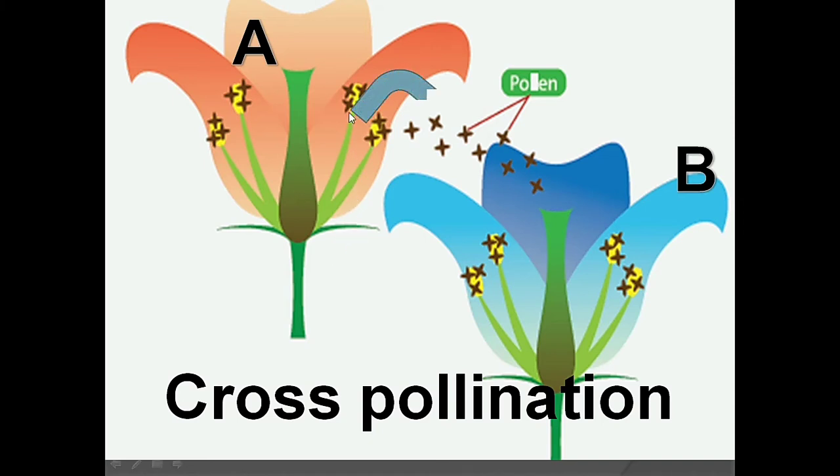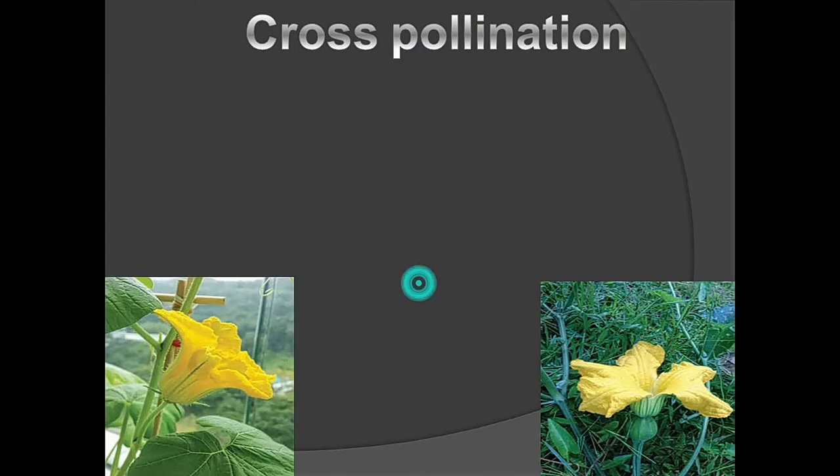Transfer of pollen grain from one flower to the stigma of another flower of another plant is called cross-pollination.